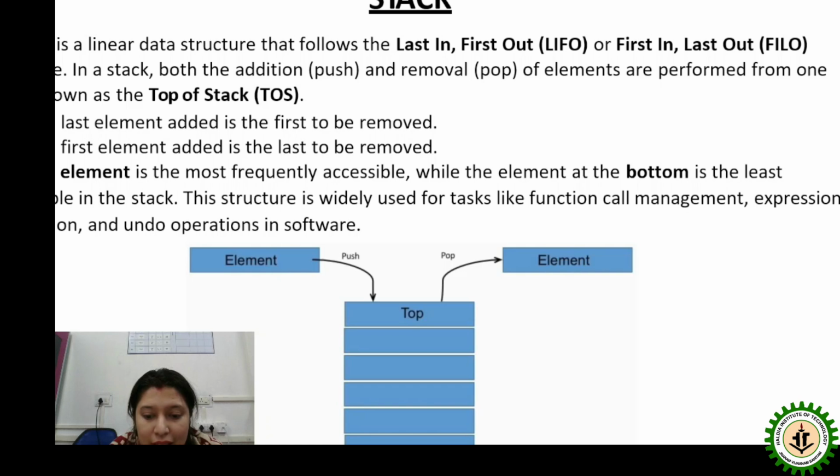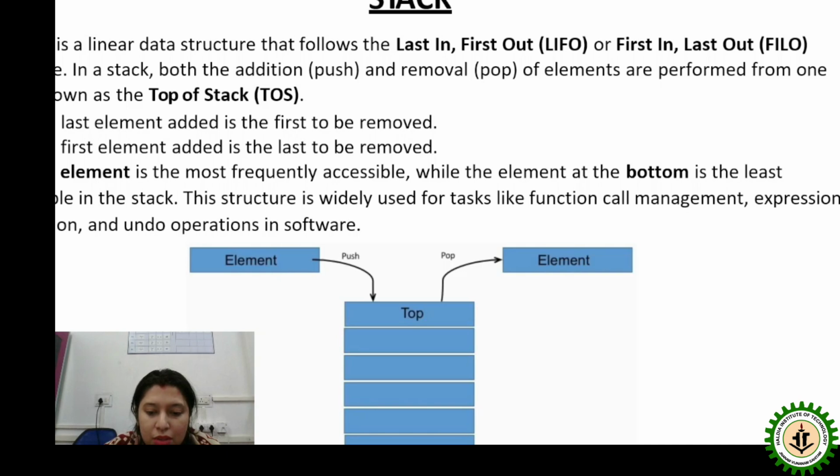Dynamic data structure, the size is not fixed. It can be randomly updated during the runtime, which is maybe considered efficient concerning the memory complexity of the code. Memory complexity means space complexity. Example queue, stack, and what is nonlinear data structure? Nonlinear data structure means data structure where the data elements are not placed sequentially linear.